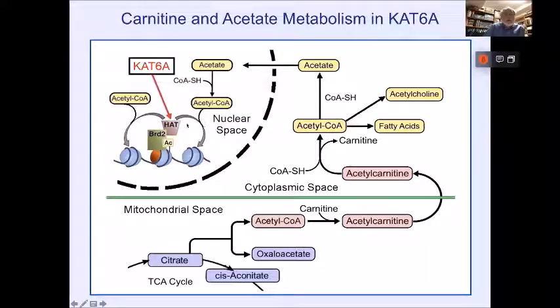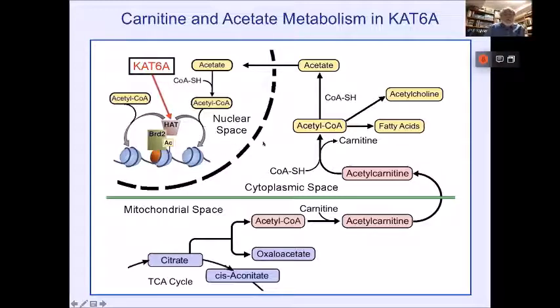It doesn't have to be 100%. So we think that the carnitine is facilitating the production of acetyl-CoA, which strengthens or increases the residual activity of the Cat6A, which is only without treatment 50%.